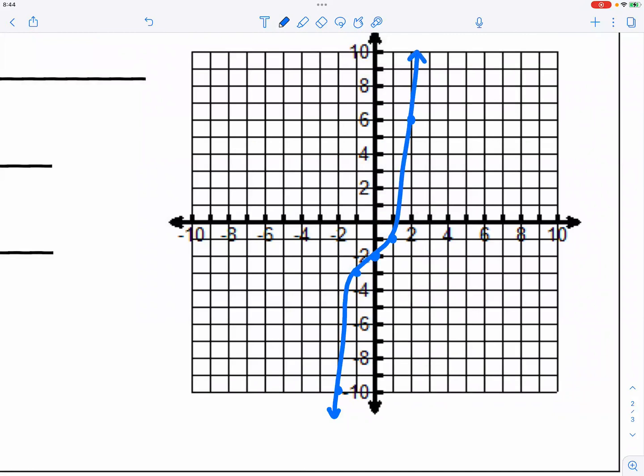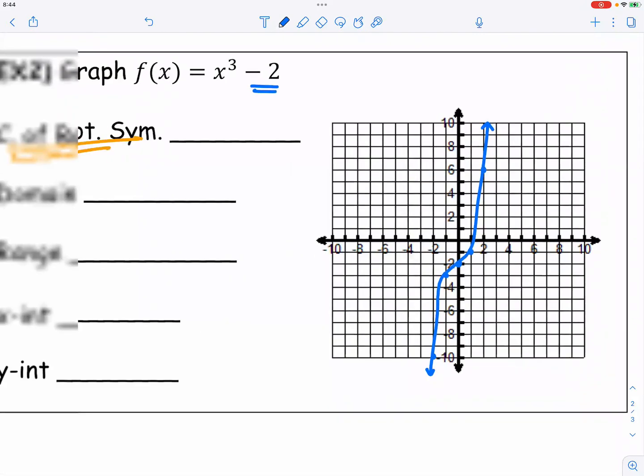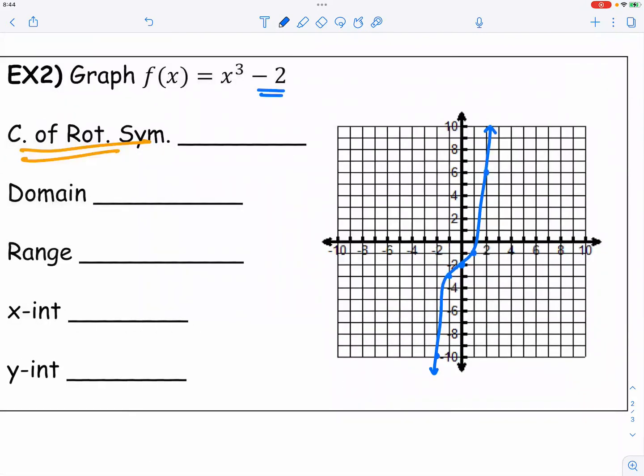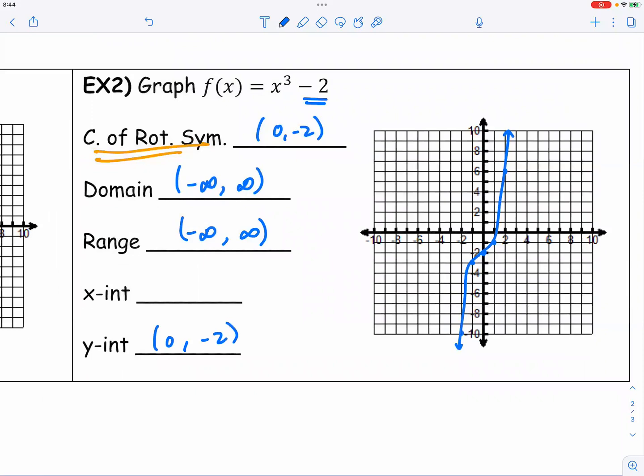Okay, so that's how you will have the drawing. Okay, the y-intercept is very easy. 0, -2. Now, I want to put a little bit of emphasis, so I'm going to put a star next to x-intercept.